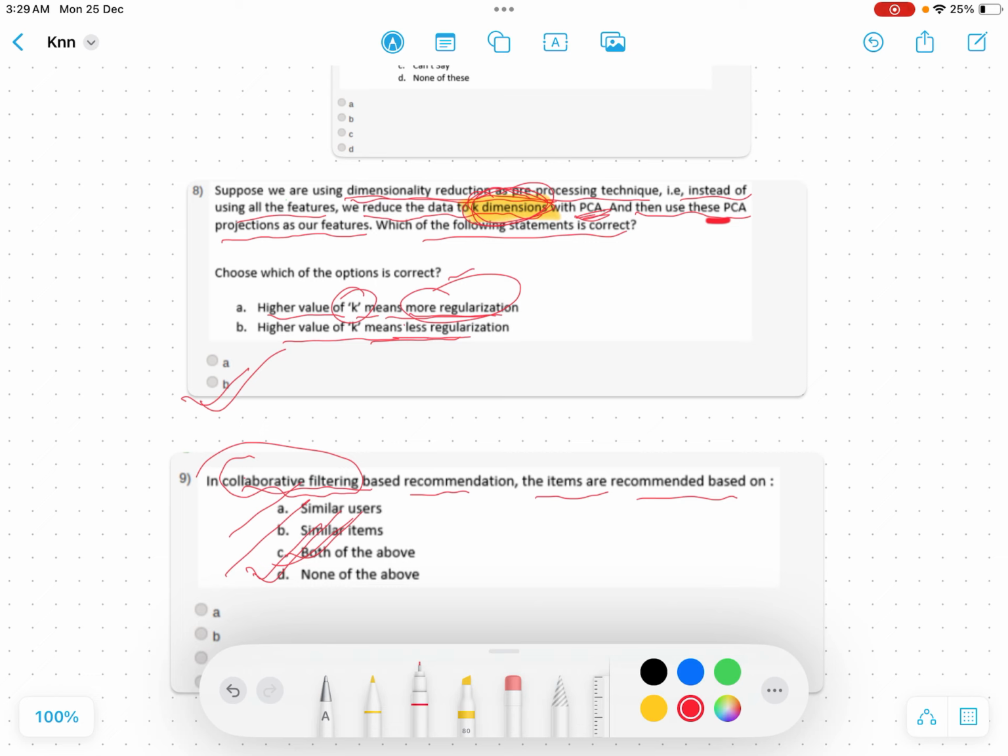By hybrid, I mean, let me give you an overview. We have two kinds of recommendations.